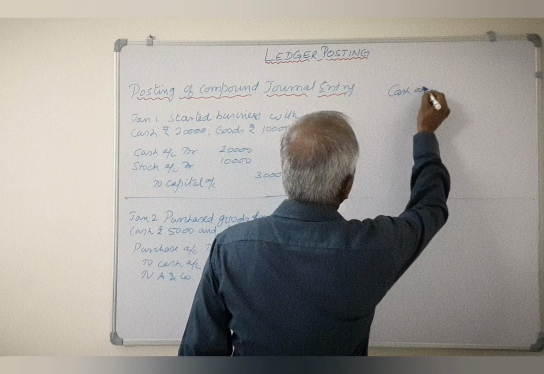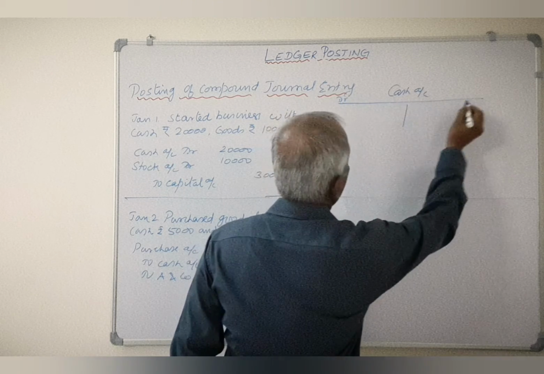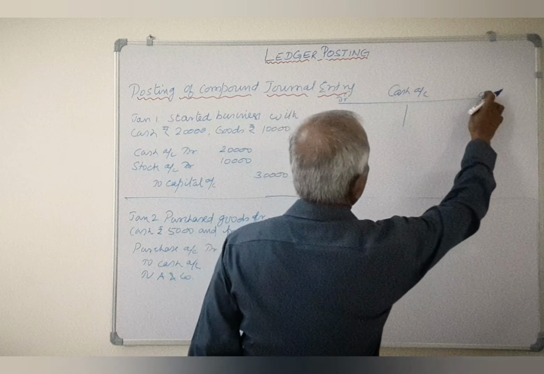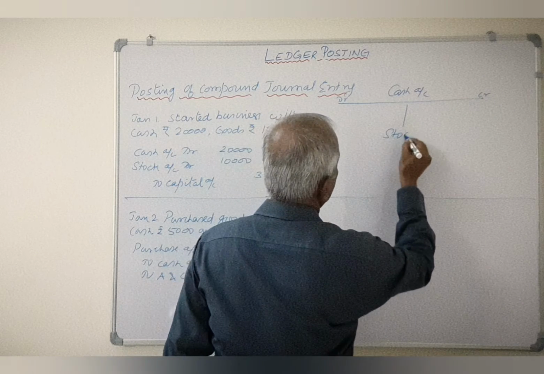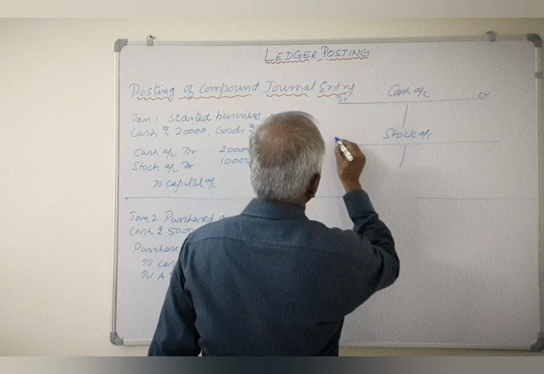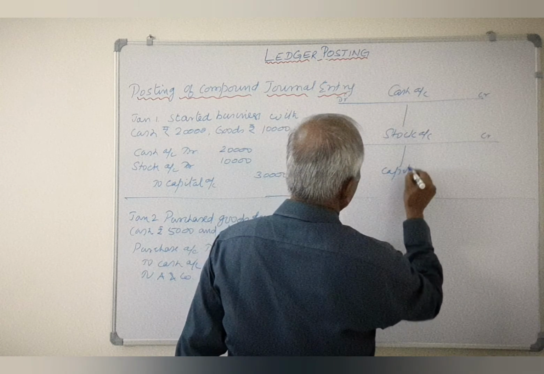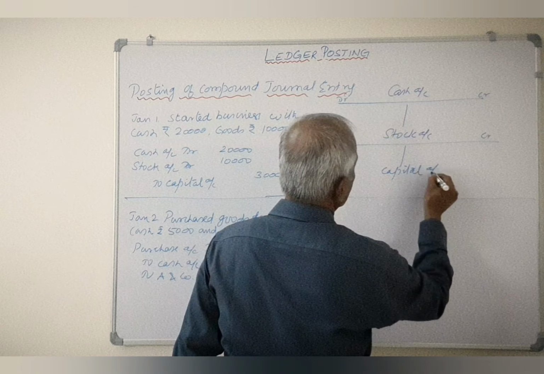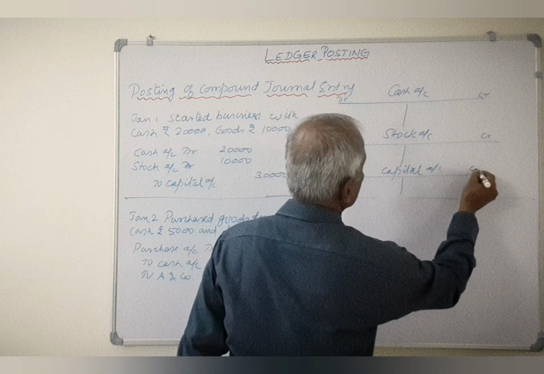Cash account, this is debit side and this is credit side. Stock account, debit side and credit side, and finally capital account, debit side and credit side.